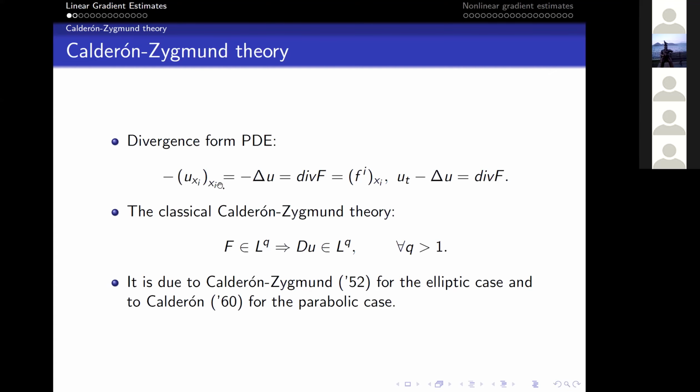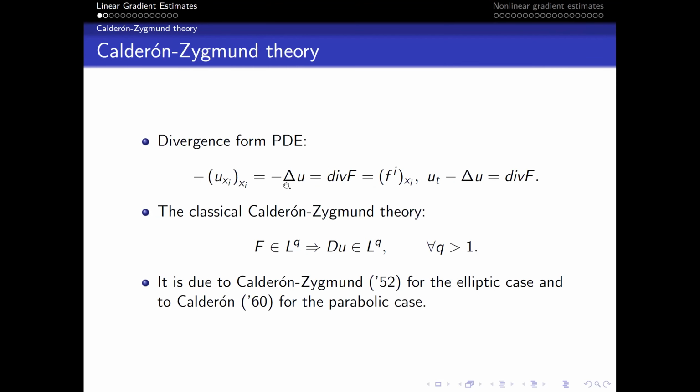So this is about the so-called Calderon-Zygmund theory. If we look at this very basic Laplace equation in divergence form, this is elliptic, and this is parabolic.